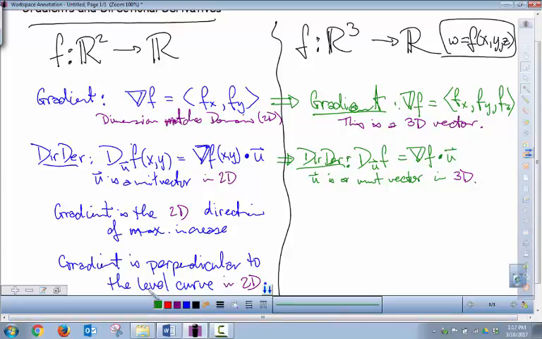There are a couple of important properties that we saw with the gradients. Here we can still talk about the direction of maximum increase, except it's a 3-dimensional direction. So the gradient is the direction, but this time it's in 3D.